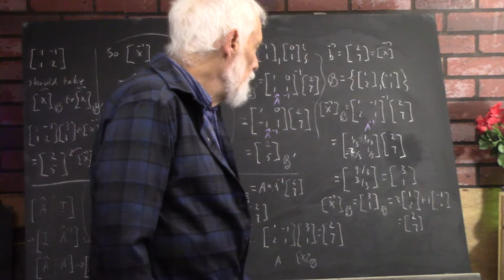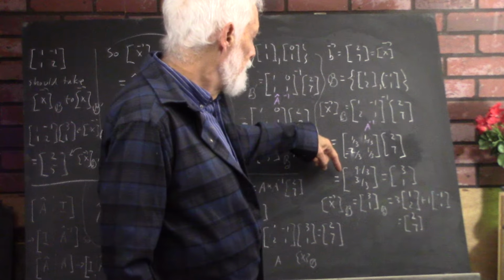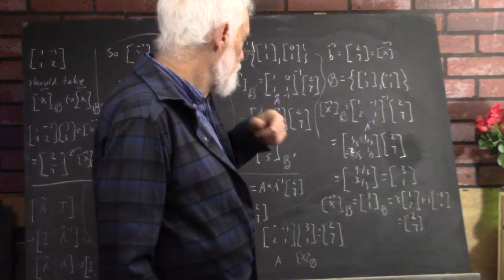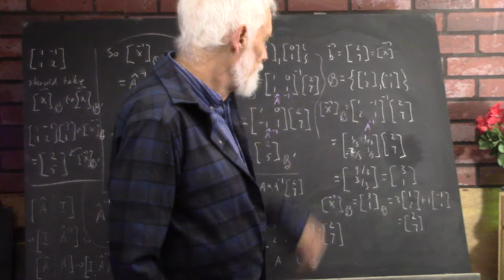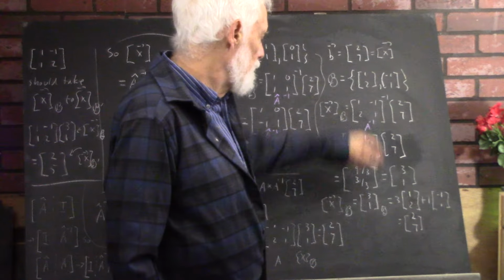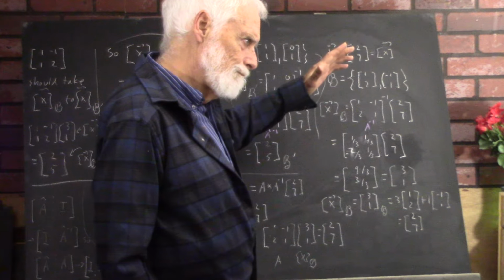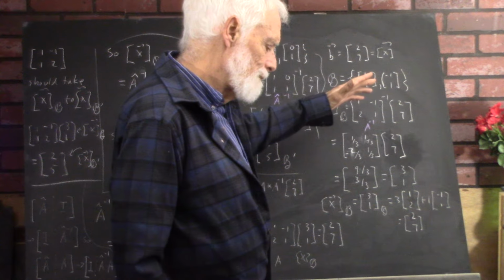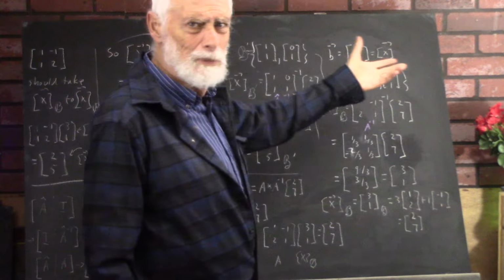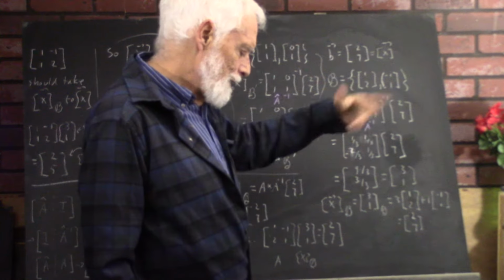Anyhow, the inverse of this matrix is obtained by just changing the sign on the non-main diagonal. What's the word for non-main diagonal? Secondary diagonal.